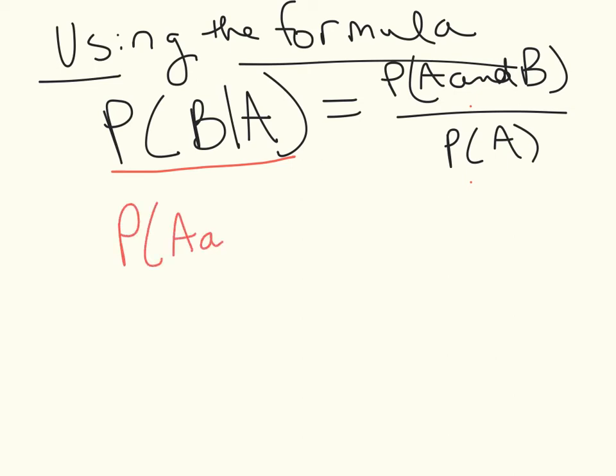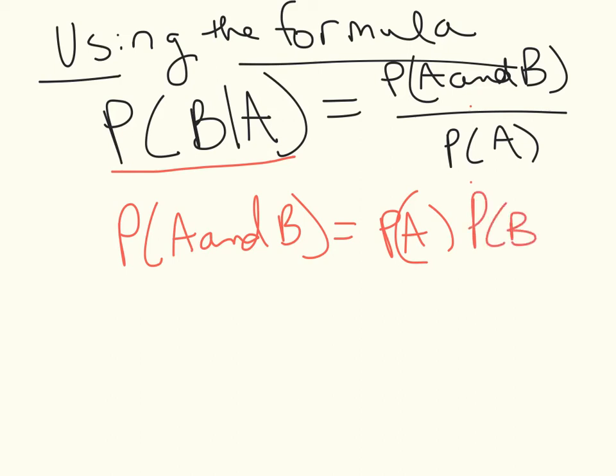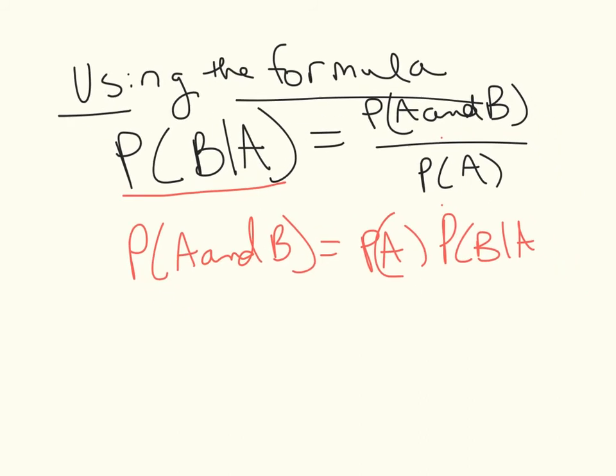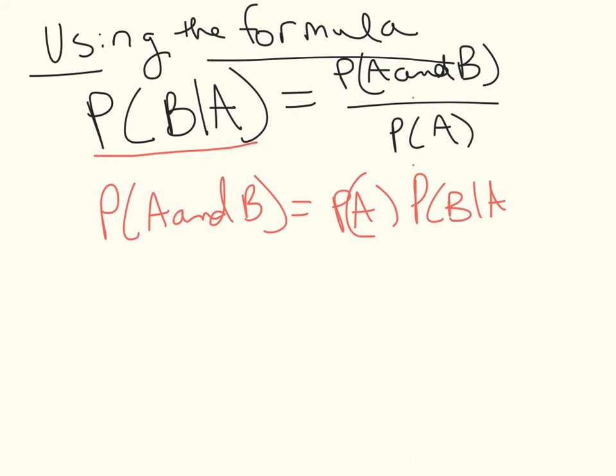Probability of A and B is equal to the probability of A times the probability of B given A. It's just rearranging it by multiplying both sides by the probability of A and moving that over here, right? So we're just moving things around. These are the same.